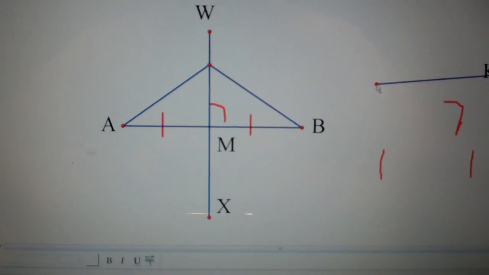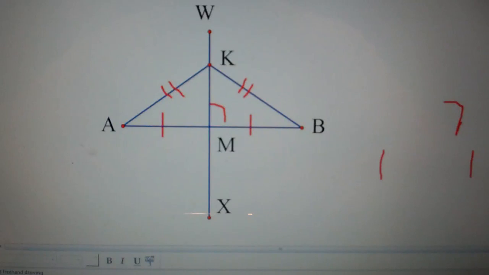Let's call this point up here point K. So what we can say now is that point K is equidistant from the endpoints A and B. Or in other words, segment AK is congruent to segment KB. So we can draw little dash marks in here to indicate that these are congruent, two dash marks.